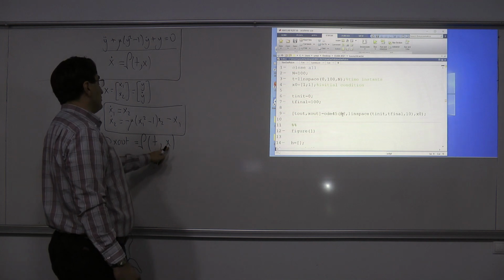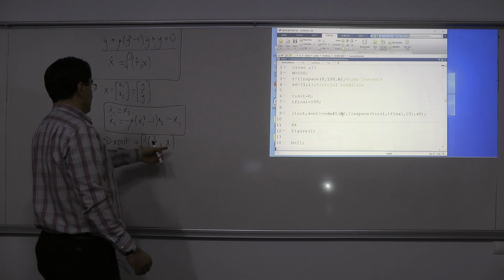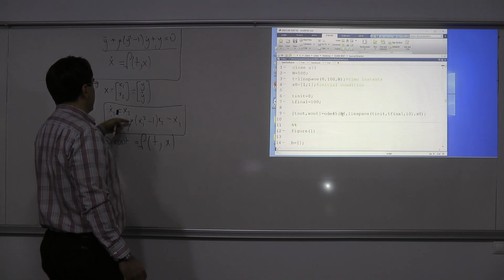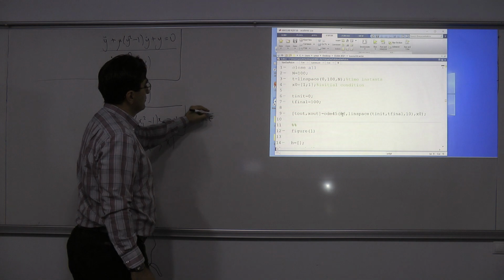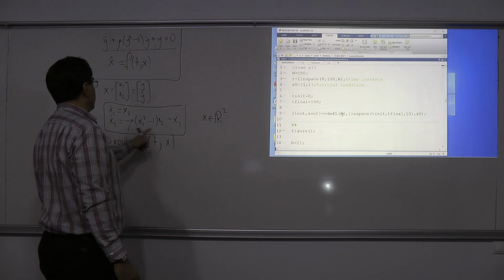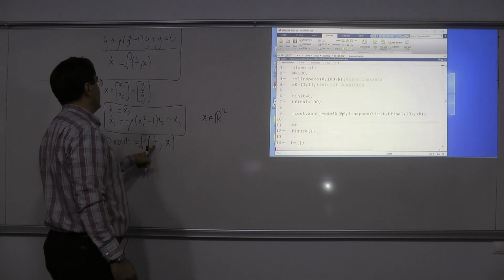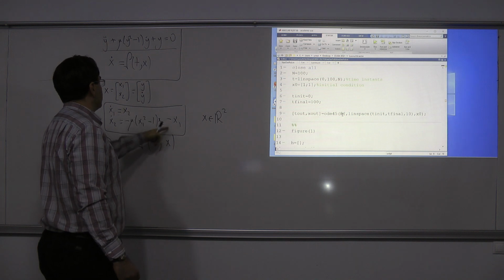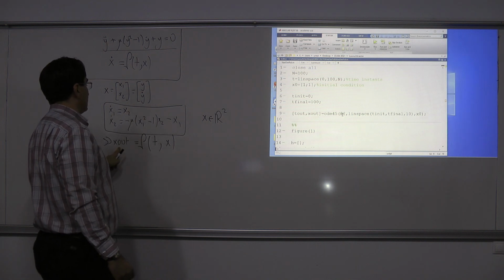Okay, the first element of x is just x1. In this case, we are going to select x two-dimensional, because we have a second order system here, and this function is going to get t values, and it's going to get x values, and it's going to return the right-hand side here, x out.